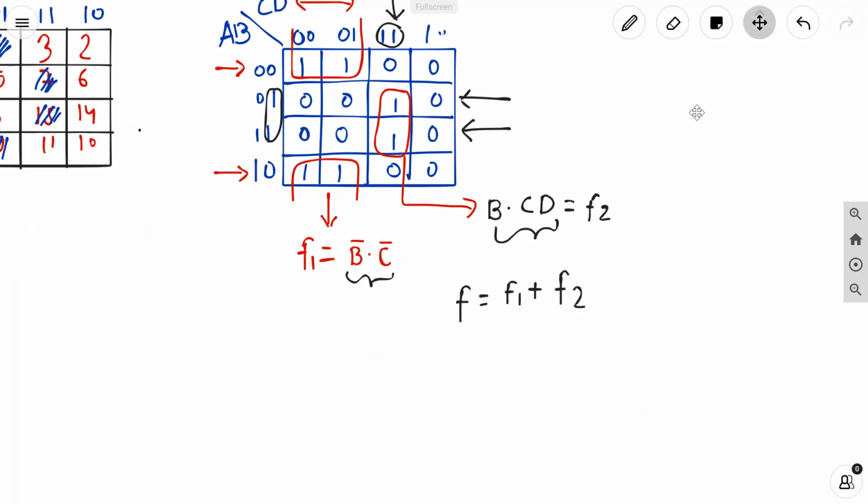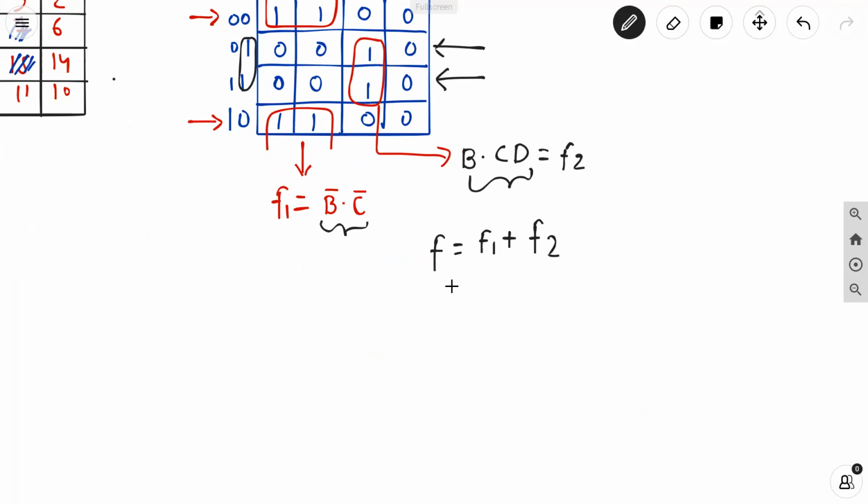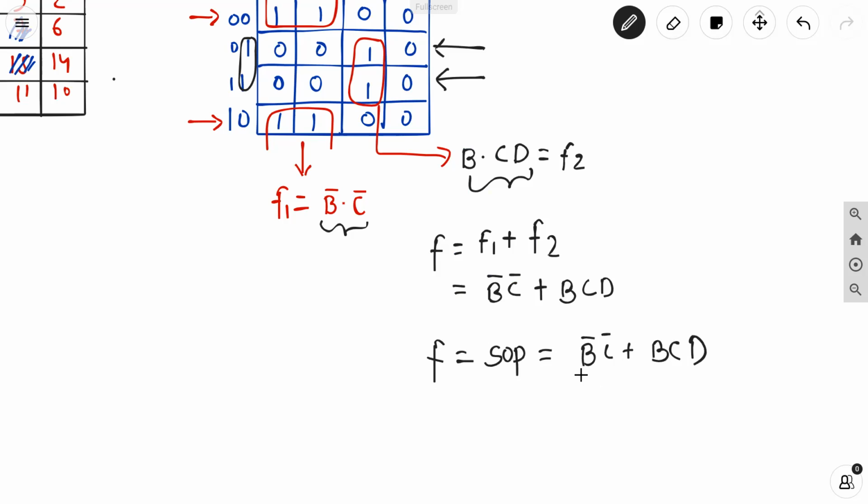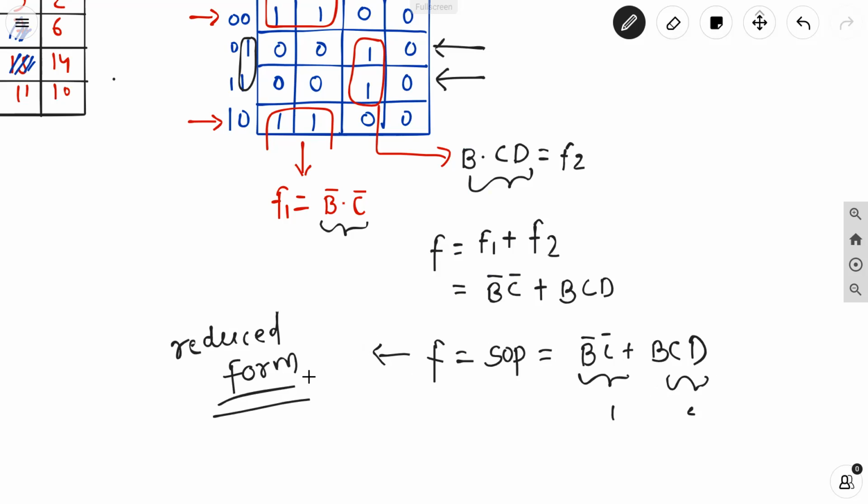Finally, we have the function F, which is B complement C complement plus BCD. This is the SOP form of the function, the sum of product term 1 and product term 2. It is the possible reduced form. We cannot reduce below this.